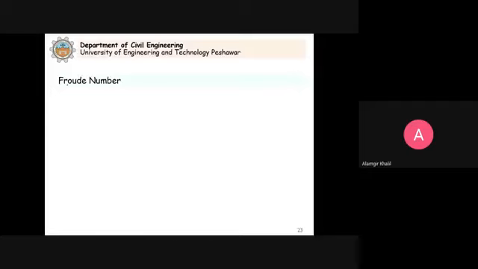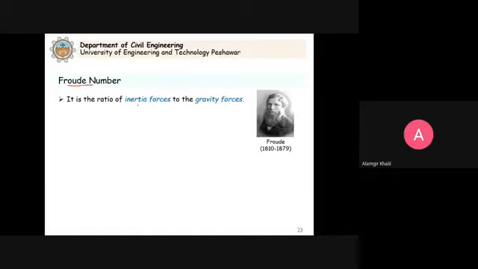The Froude number, we also studied in the previous chapter on open channel flows. So we already know that it is the ratio of inertia forces to gravity forces. We can write this as inertia forces by gravity forces.